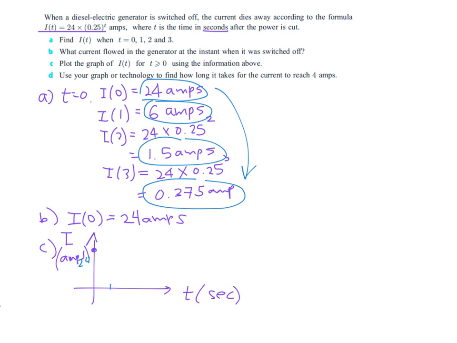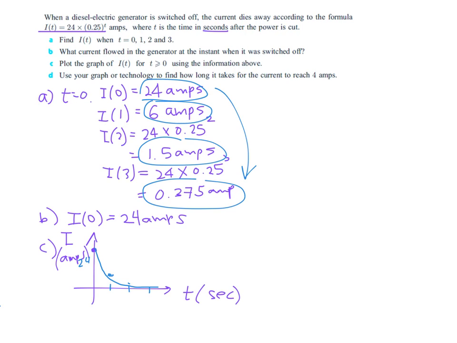At 1, it's going to be about 6, that's a quarter of that. So about here. And then at 3, you have even less than that. So it's really getting closer to 0, but not quite. Right, so that's what the graph is going to look like.